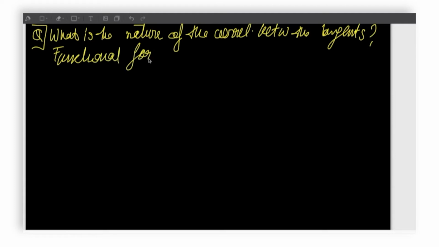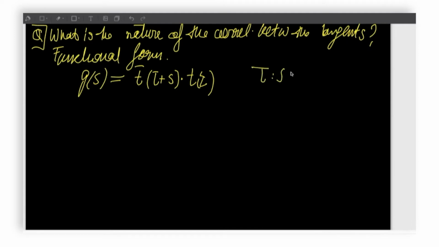Now, some of you already know this perhaps, and either way, we're going to guess. And the guess we're going to make is that we took the tangent at some position tau plus s, and we try to find its correlation, its product with t at tau, where tau is just some point on the contour.